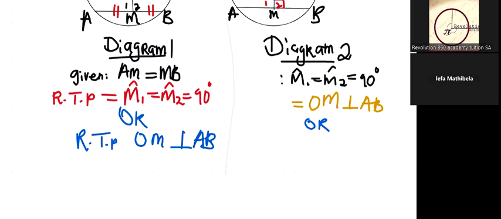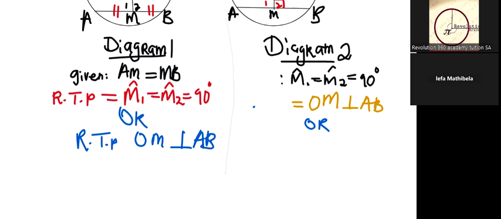So this is given, and then this will be your RTP. Because it wouldn't make sense if they've given me M1 equals M2 equals 90 degrees, and then I want to prove it again. Let me go slowly.